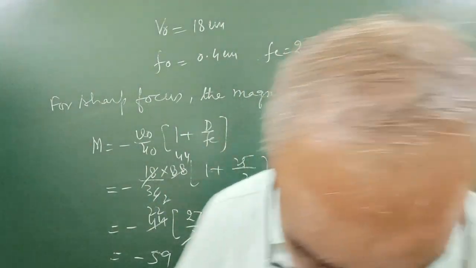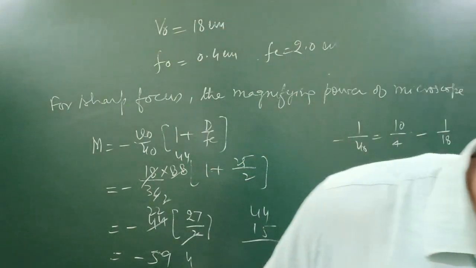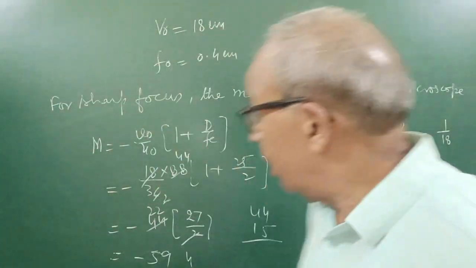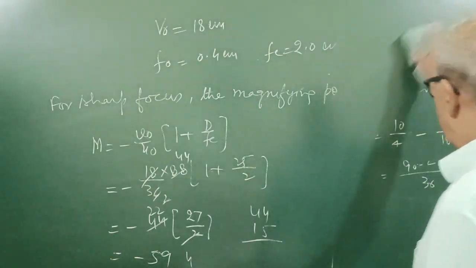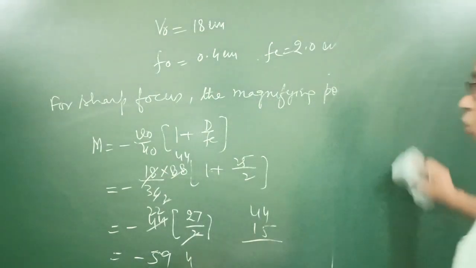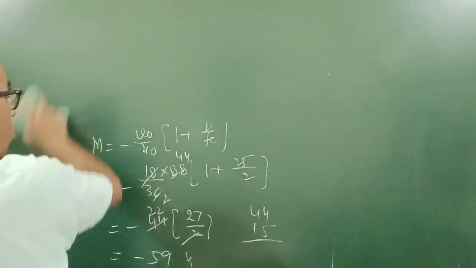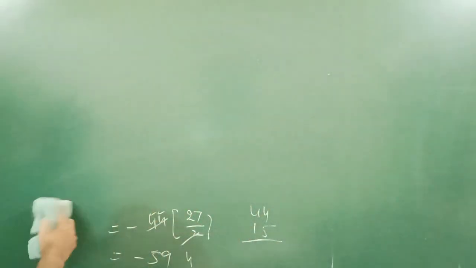Now I tell you some questions on the telescope, and that is the astronomical telescope. A telescope is used to see an object at infinity, and therefore there should not be any confusion.